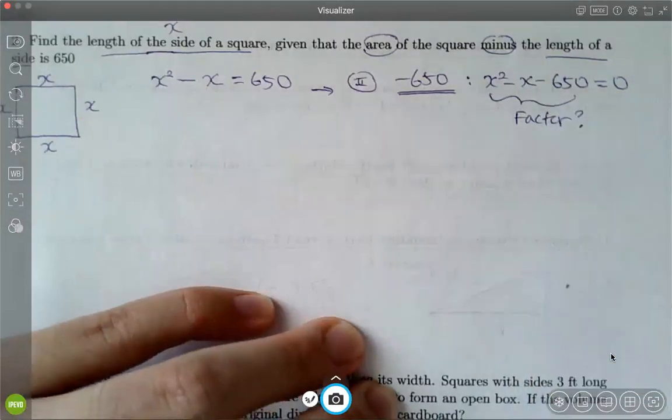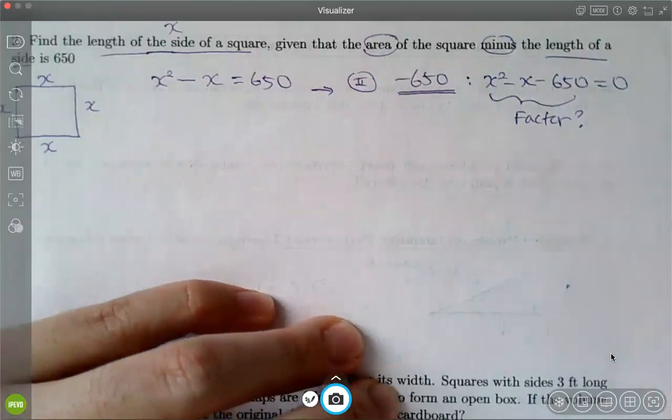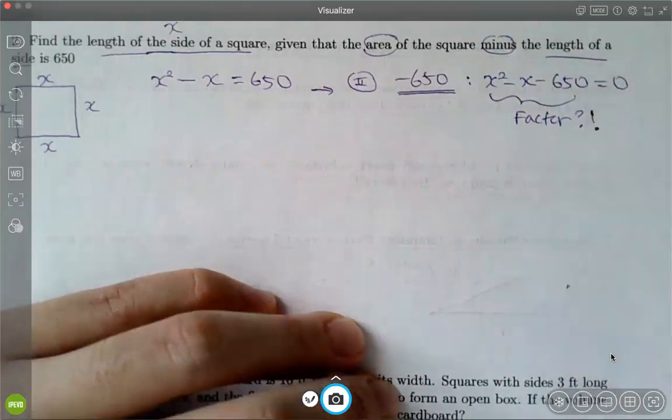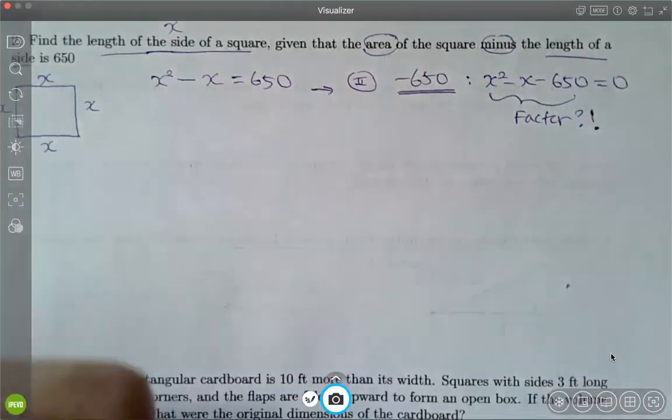Okay, so now here comes the challenge and the main body of this problem. It's really tough to see whether we can factor this. Now, here I put factor with a question mark, but let me add this exclamation mark because we can factor, okay, can, not cannot.